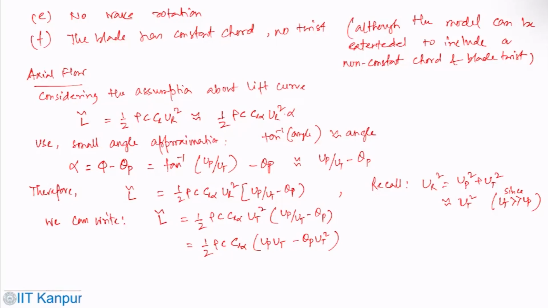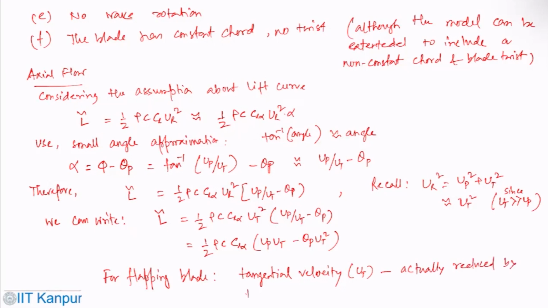Now what we have for flapping blade, tangential velocity, as usual, the radial position multiplied by the angular speed, which is actually the tangential velocity, which is UT, is actually reduced by the cosine of flapping angle.